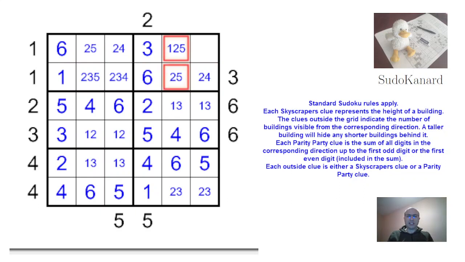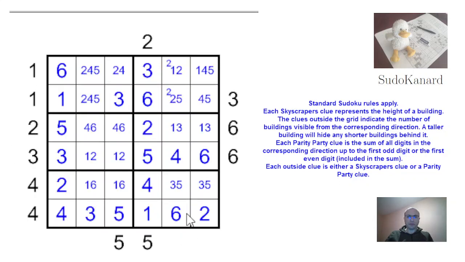How did I decide that there had to be a 2 somewhere here? Oh, digits are not the same.